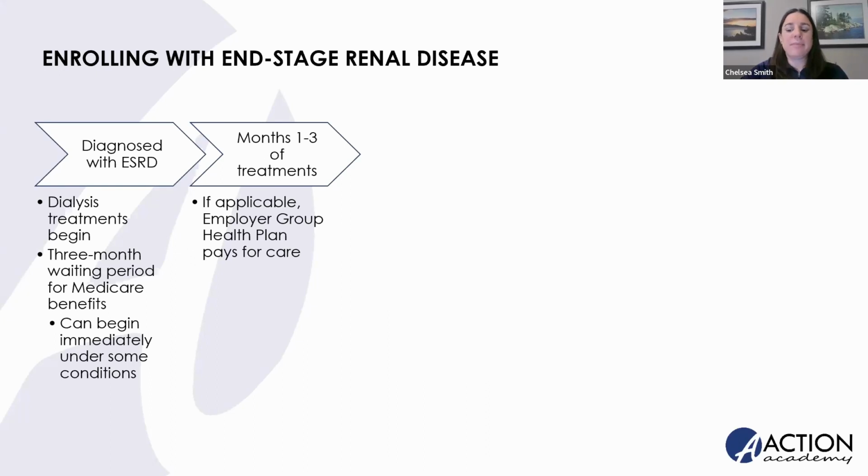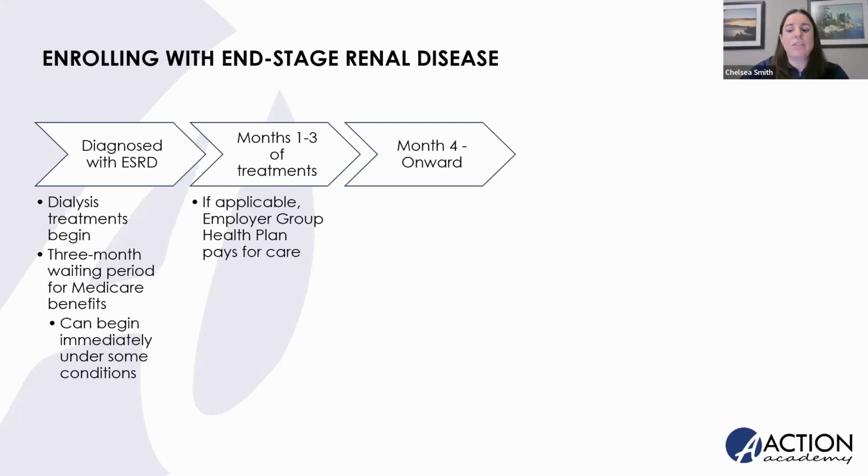And on that first day of month 4, a 30-month coordination period begins. During that time, the employer group health plan will continue paying for benefits as that primary payer. And Medicare may pay any remaining costs if they wind up with any as that secondary payer.